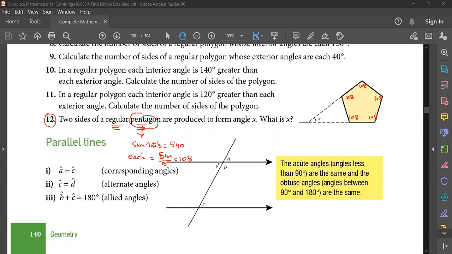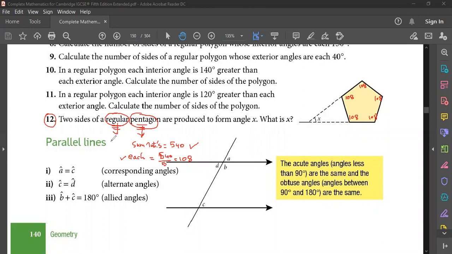I held on to these two words and asked myself what I can get from them. The word pentagon lets me find the sum of interiors, n minus 2 times 180, that's 540, and each interior angle is 540 divided by 5, that's 108. In questions, any mathematical words you face, ask yourself what you can get from them before you continue the question.